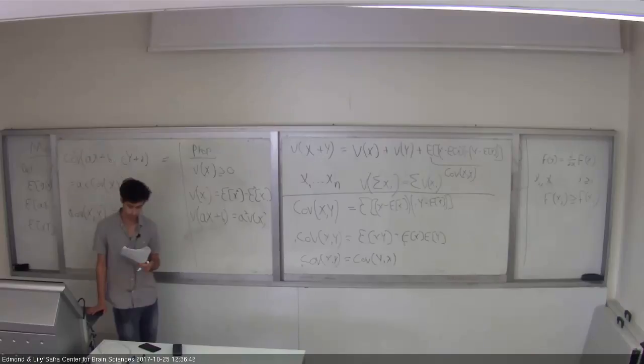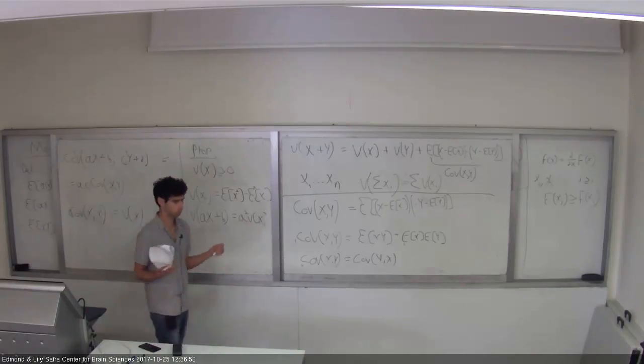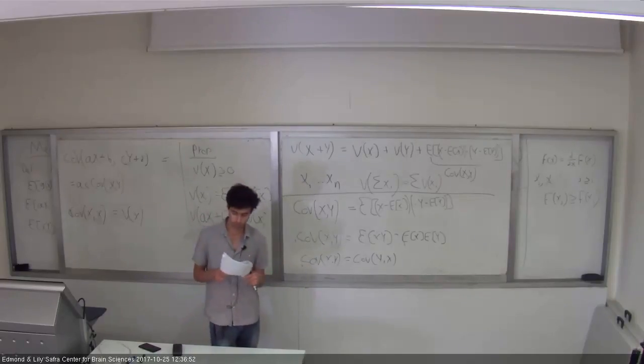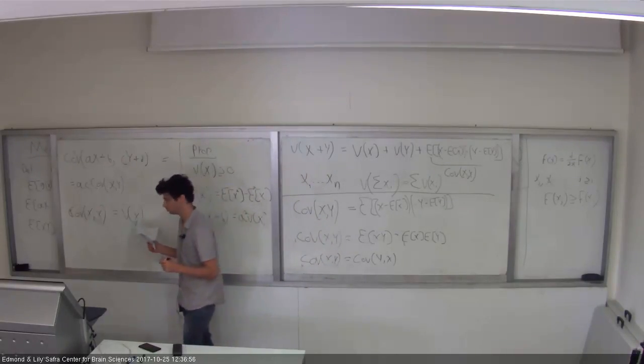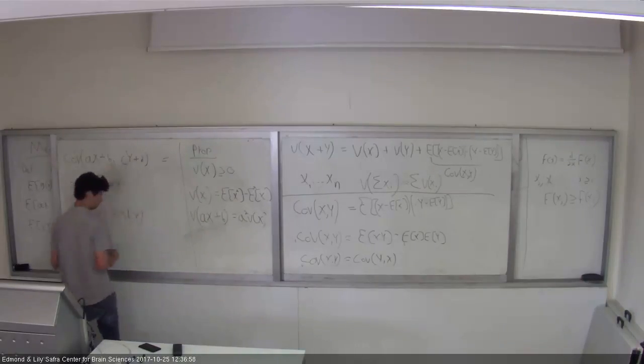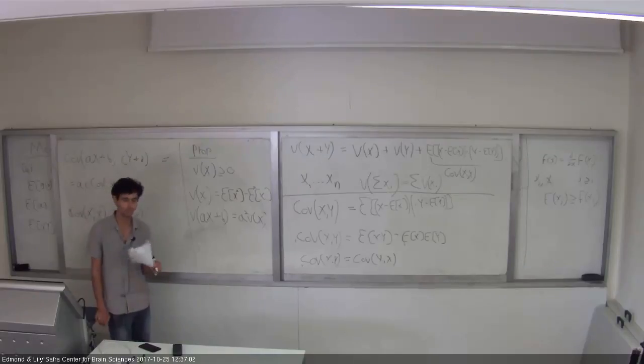Okay, and if we have two random variables, X and Y, we say that they are uncorrelated if their covariance is equal to 0. Okay? So X and Y are uncorrelated if the covariance is 0.